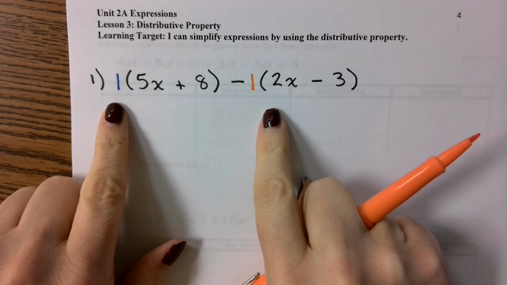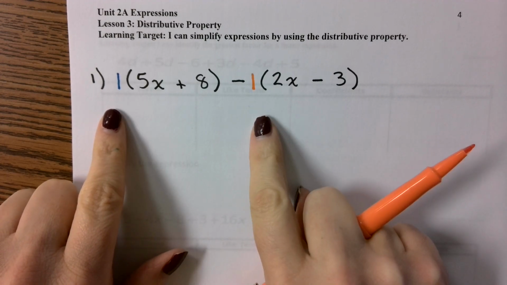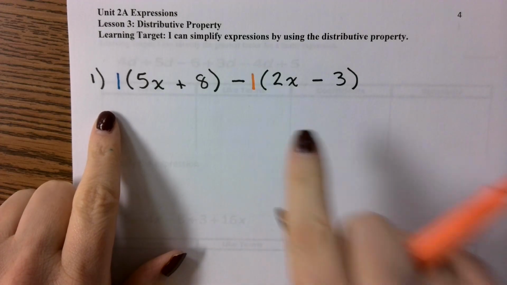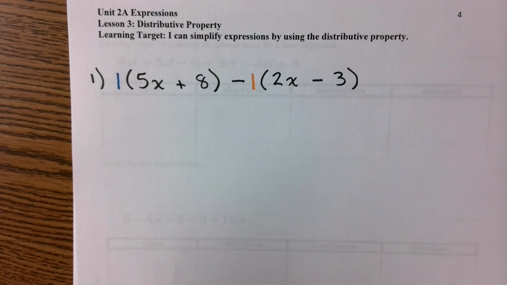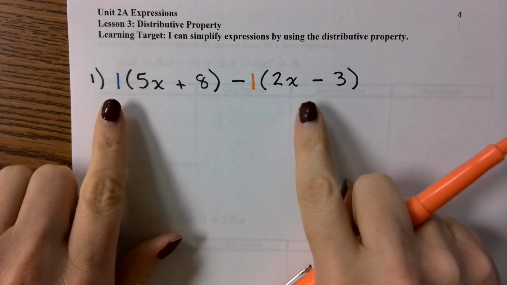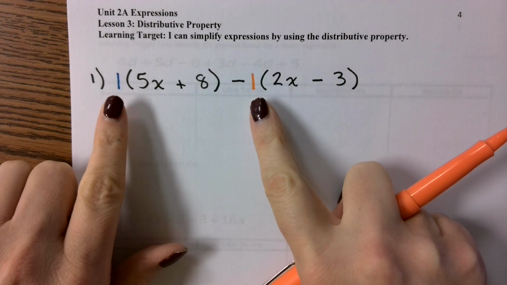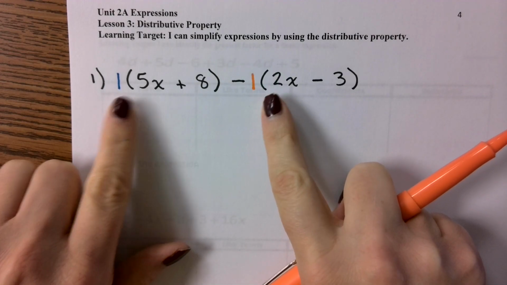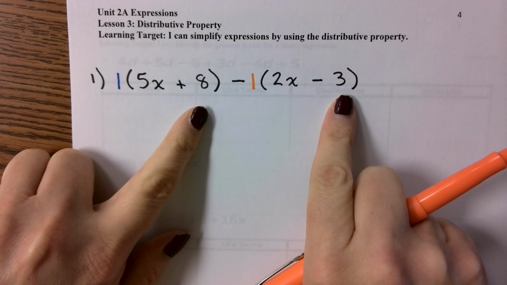However, only one of those is going to actually impact the binomial that it's multiplied to. Impact meaning only one of them is going to make a change to the binomial when you distribute it. Which one of these is going to actually make a change to the binomial?